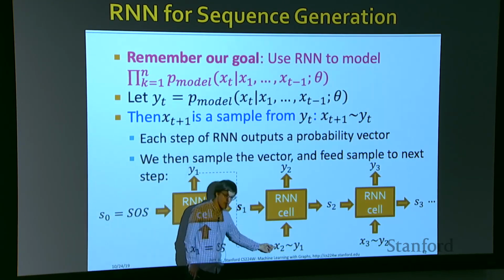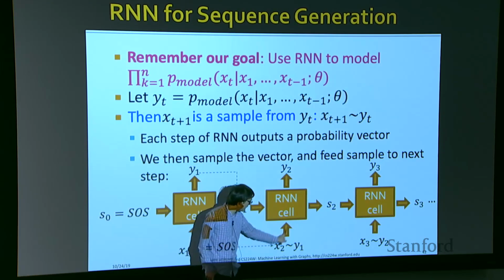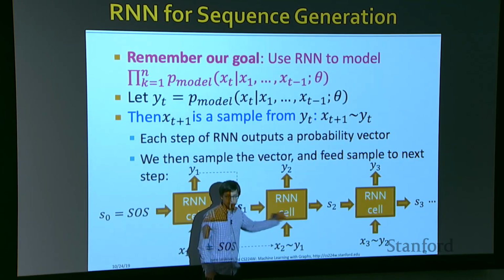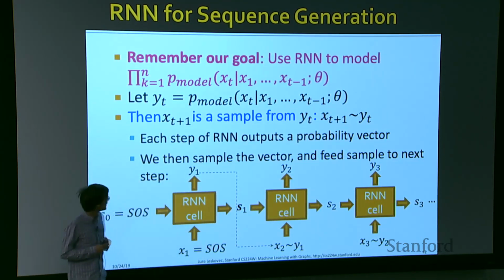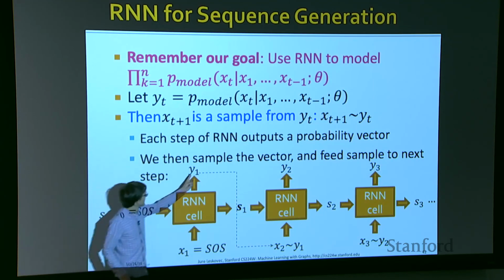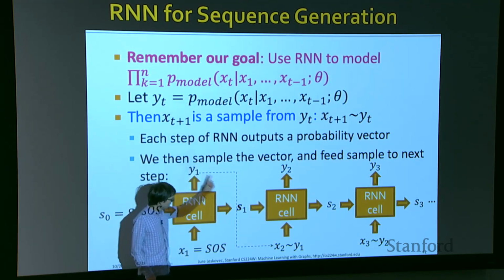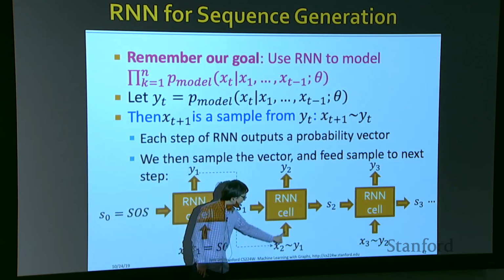And after I have an edge or not, I put this in as an input to the next cell. Now my model is stochastic because I have a probability, I sample an x, and then I feed the x in.